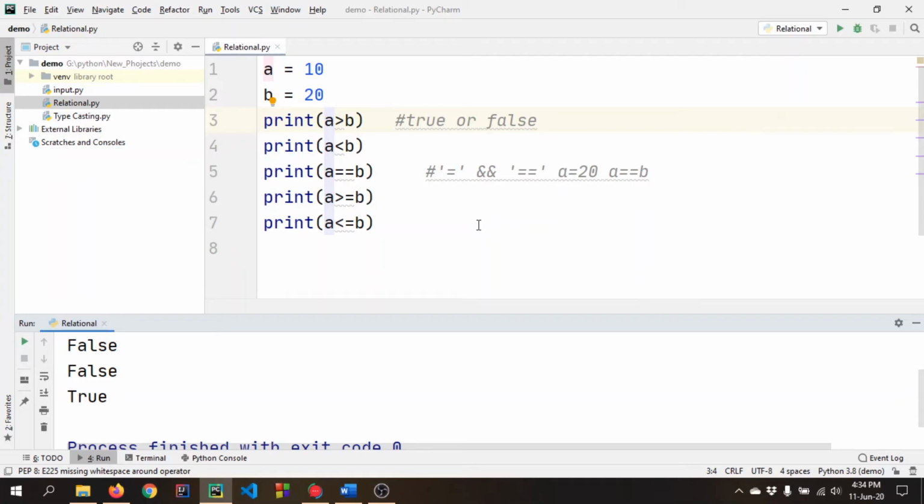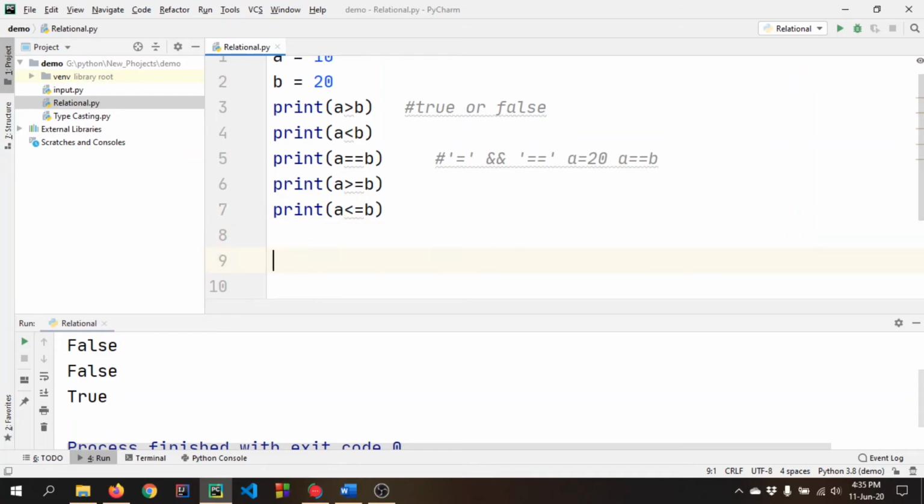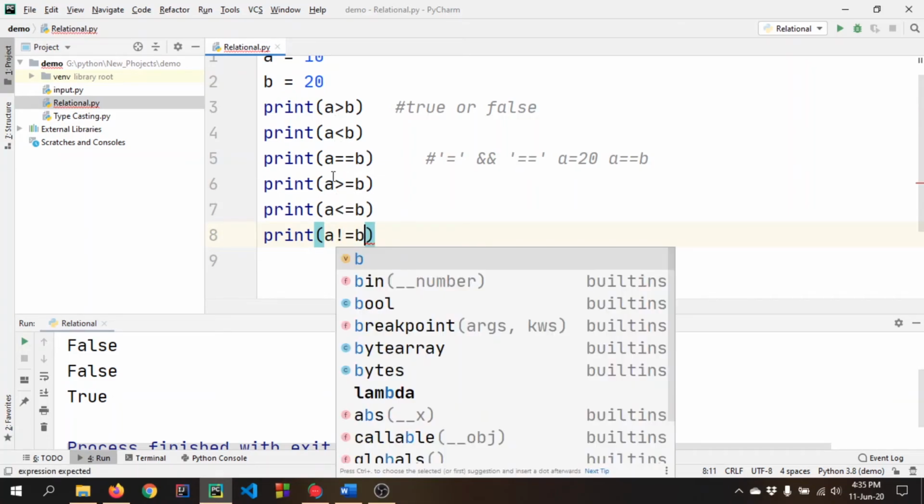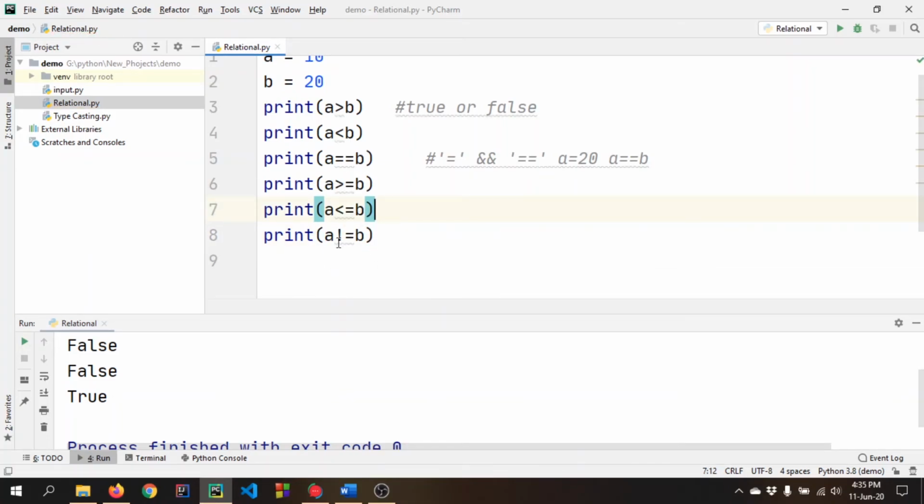So these are all the relational operators, and there is something else here. Let me write another one. Say suppose we have a not equal to b.